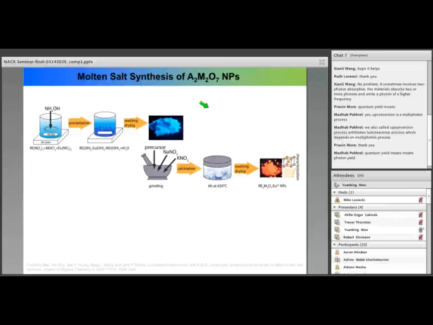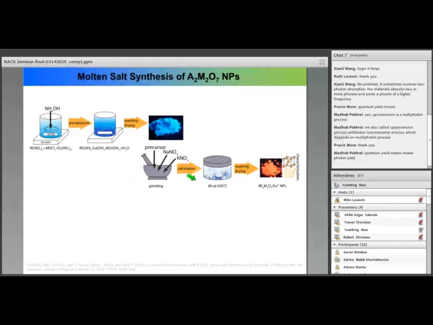At the same time, I didn't want to focus just on hafnium oxide, so I started working on compositions like A2M2O7. But because they are complicated, and this is not that type of perovskite structure, they are more challenging to synthesize. So I've been thinking about how to make that happen.